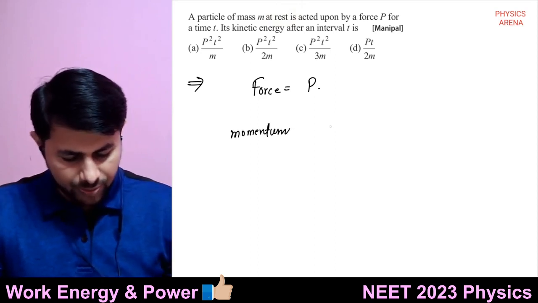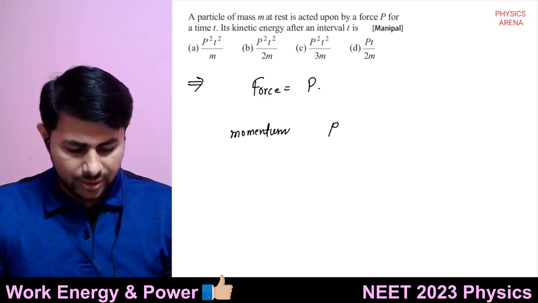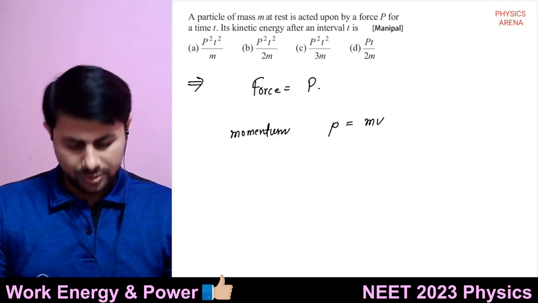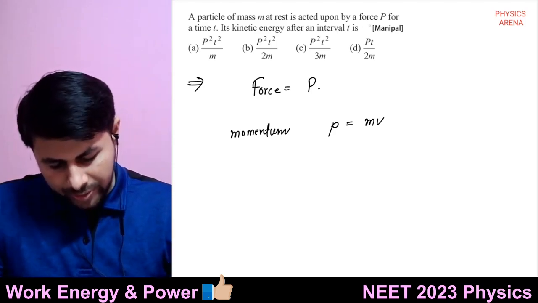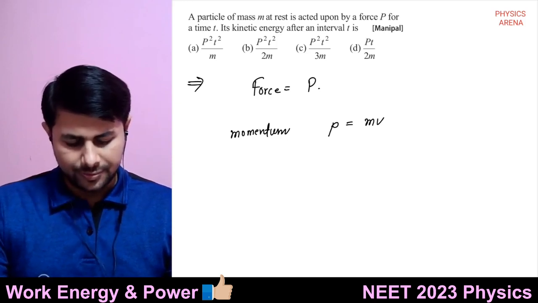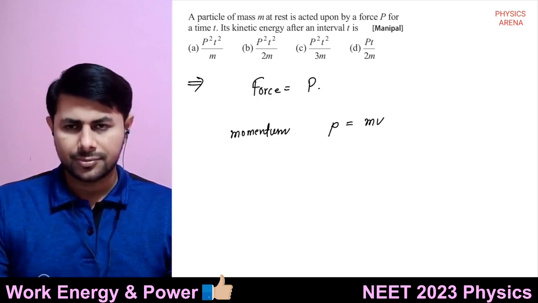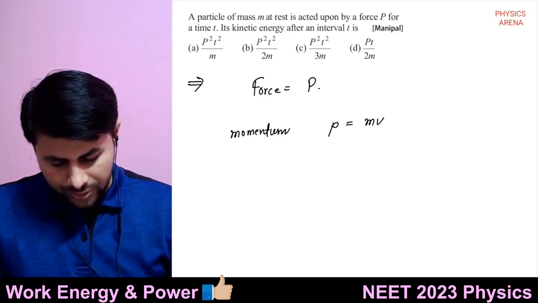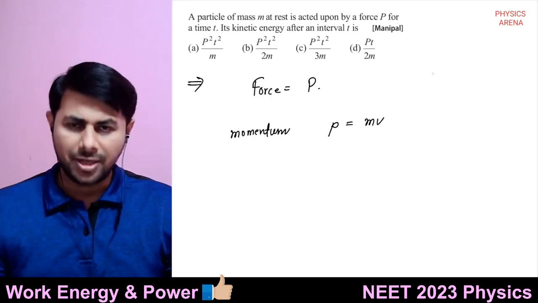Momentum, and I will take small p for that, is equal to mass times velocity, and its initial momentum will be 0. So what will be the final momentum?